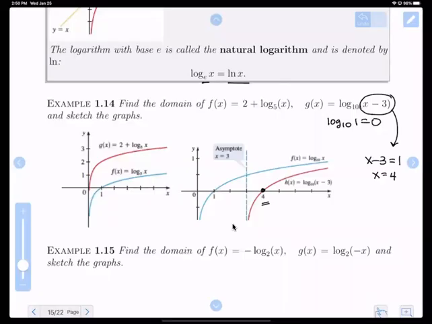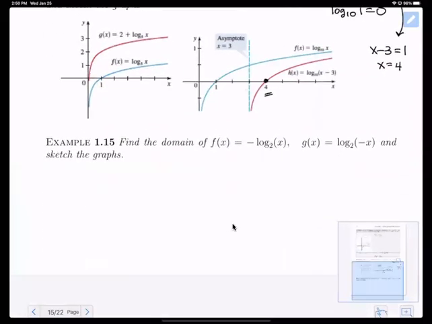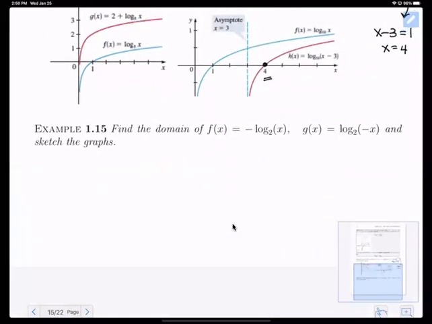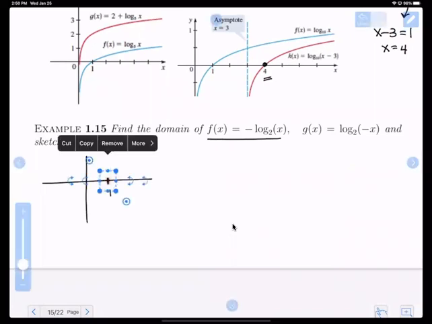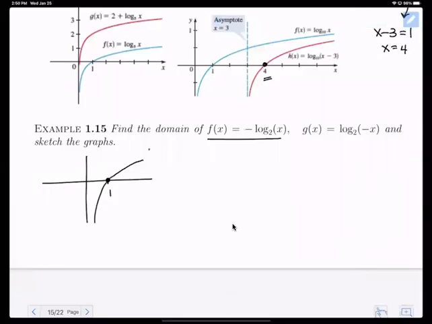Let's try some transformations. Let's first look at log base 2 of x. Let's start with that. It always has the number 1 right here. This is log base 2 of x.